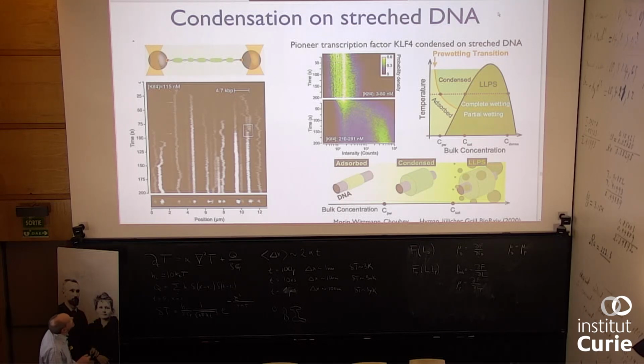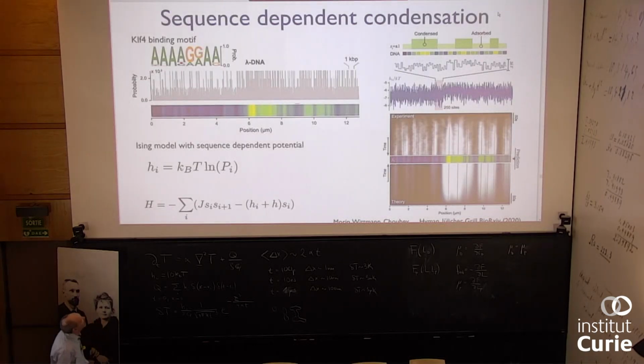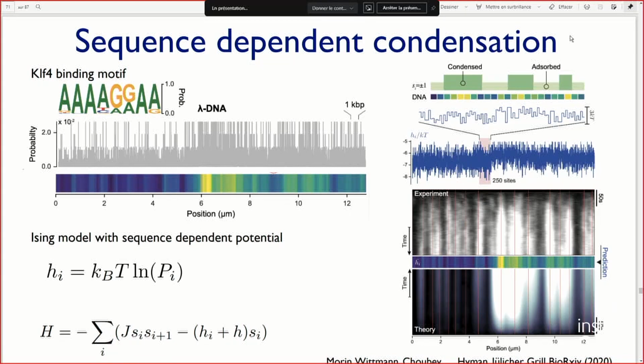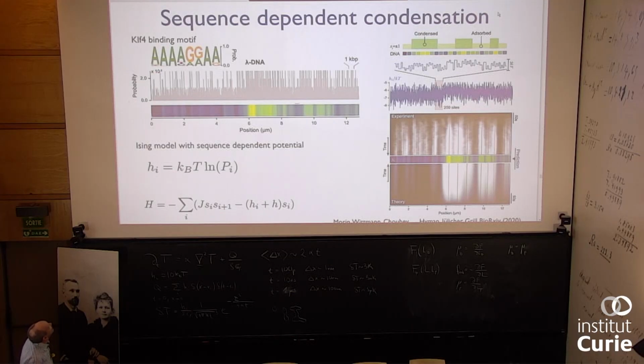And what is quite exciting in the system, and I will just allude to it a little bit before I finish, is that we can understand here the effect of sequence on this pre-wetting condensation phenomenon.